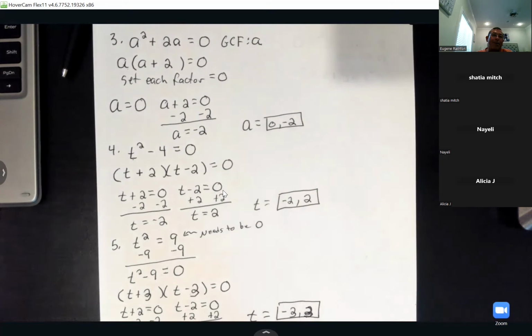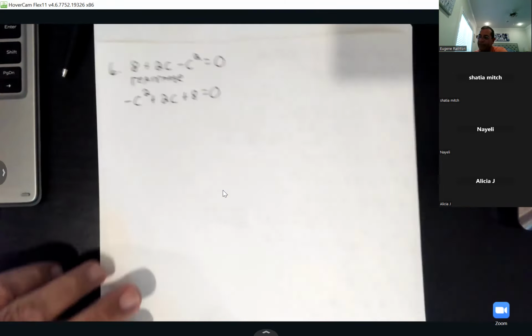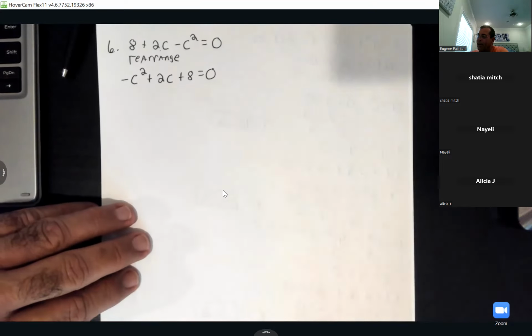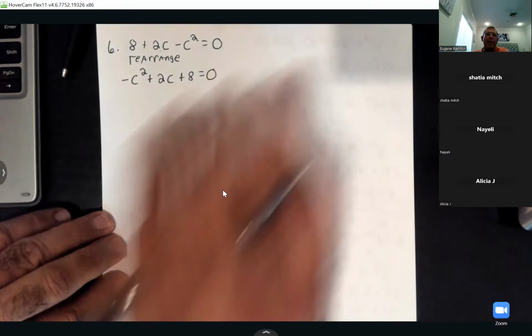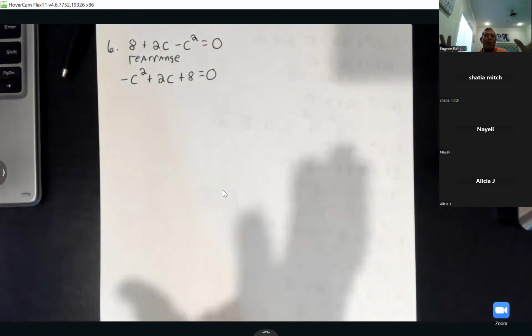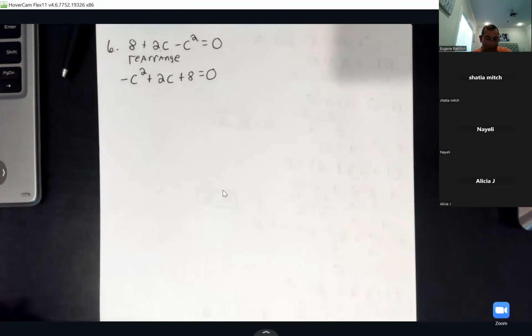I was just thinking 4 all the way through that, okay? So definitely need 3s on that answer for number 5. Ooh, I just got carried along and wasn't paying attention.